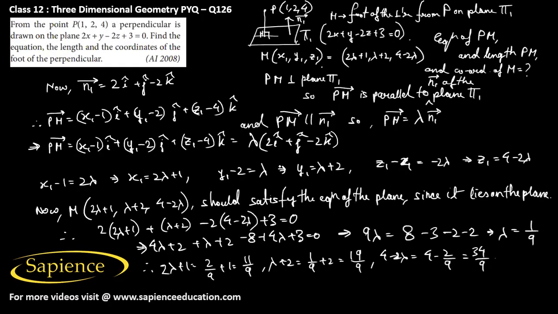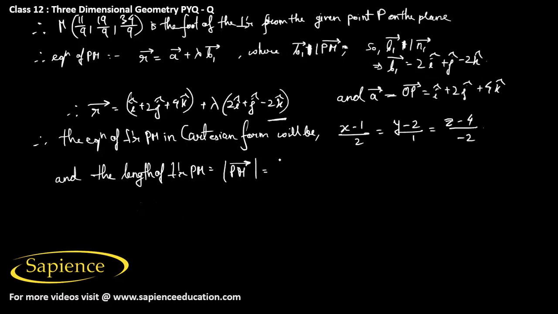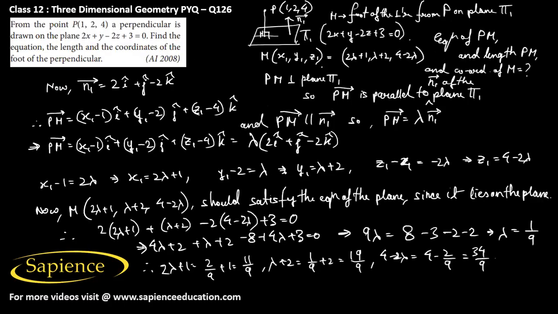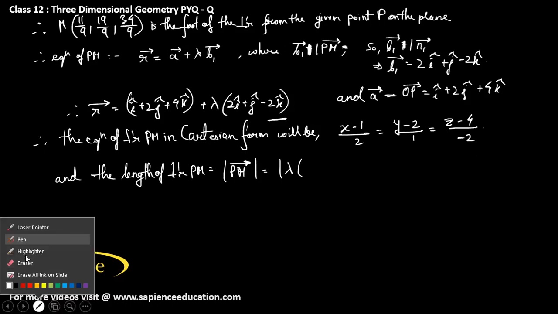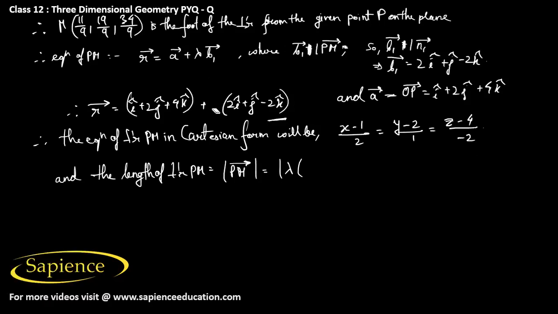So PM vector is obviously mu into, here we can take it as mu, since lambda we have already used.